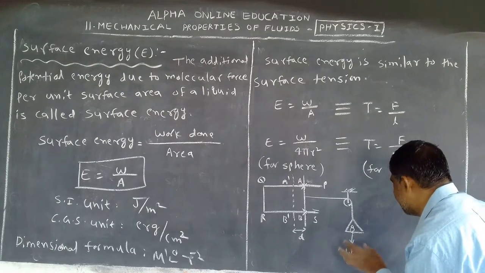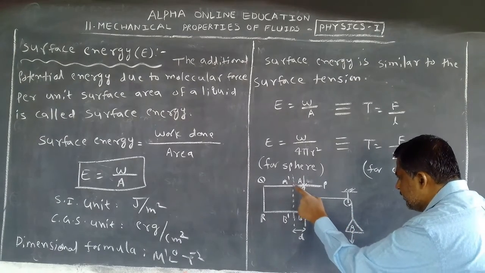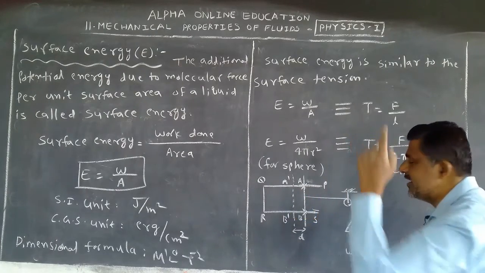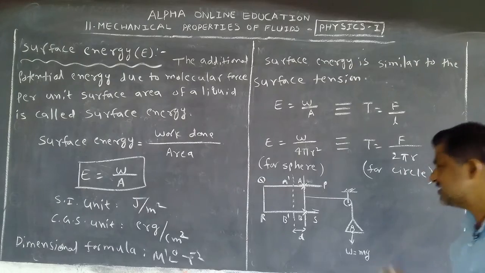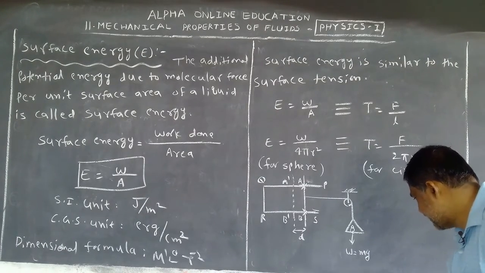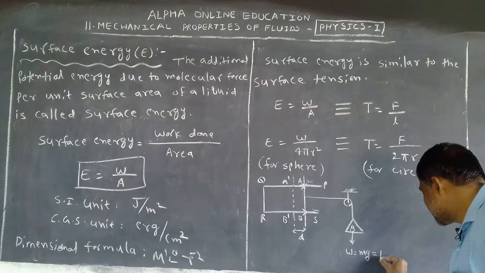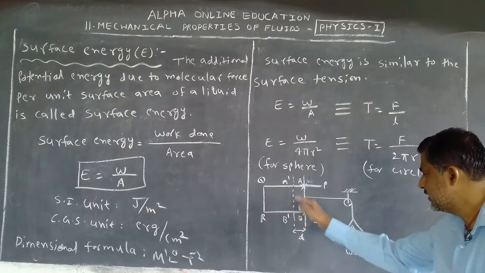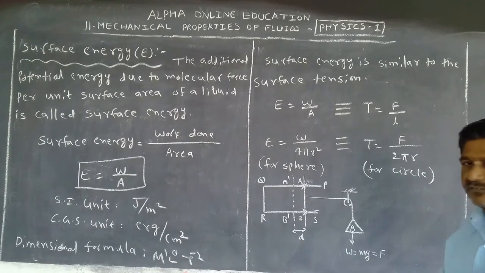Then we suspend masses in it, and we want to bring this wire from A dash B dash back to AB, with a displacement of d.